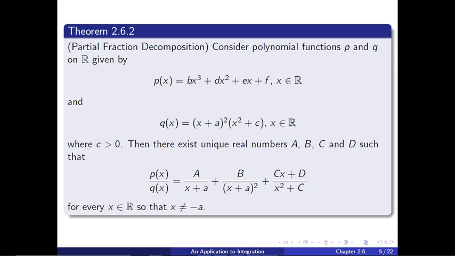Well, the numerator of the polynomial is degree 3, right? So consider the polynomial functions p and q on R given by, so we've got p of x with degree 3, which is p of x is equal to bx cubed plus dx squared plus ex plus f, where x is a real number, and q of x being equal to (x plus a) squared times (x squared plus c), where x is a real number, and this c is not equal to 0.